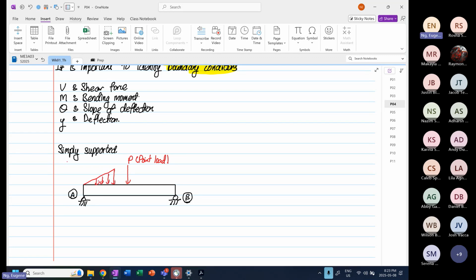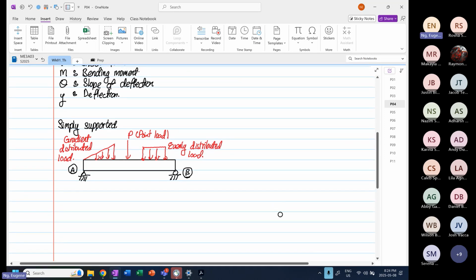This is known as a gradient distributed load. And you can also have loading that looks like this, and it's what we call our evenly distributed load.